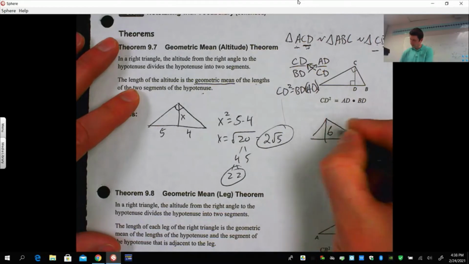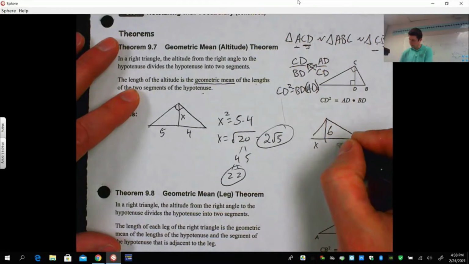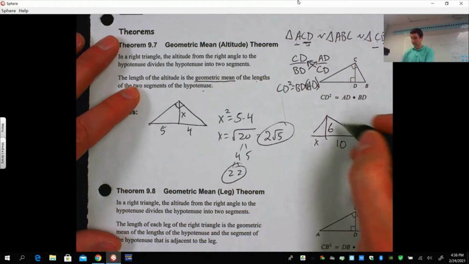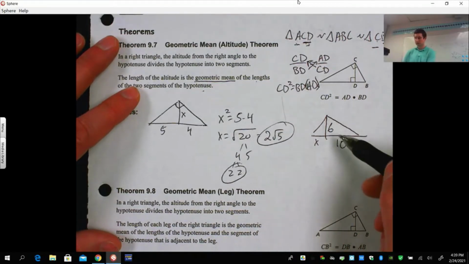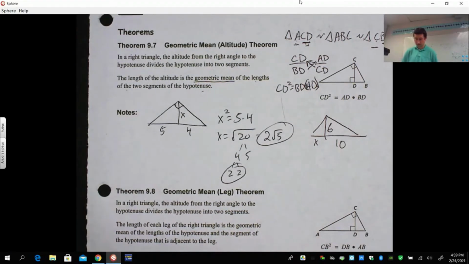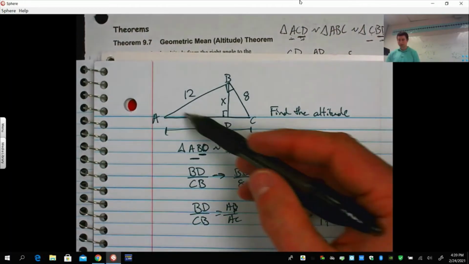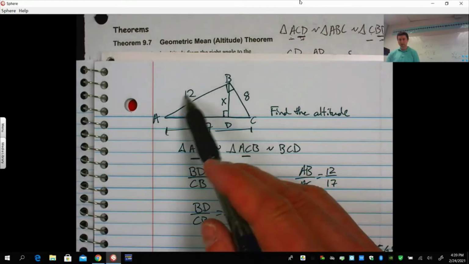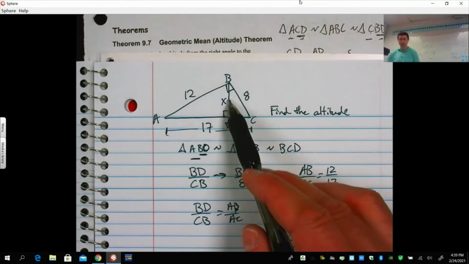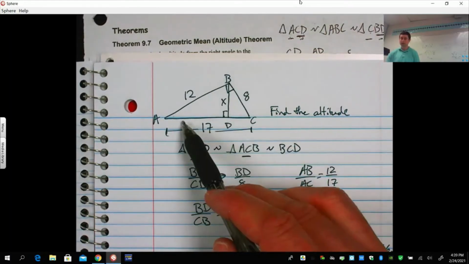Let's say that's 6, that's x, and that's 10. Well, you're going to set it up the same way. You know the two parts. That's the difference here. In the previous question, you didn't know the two parts; you knew the entire length and those two legs. So that altitude is dealing with the three sides of the triangle.